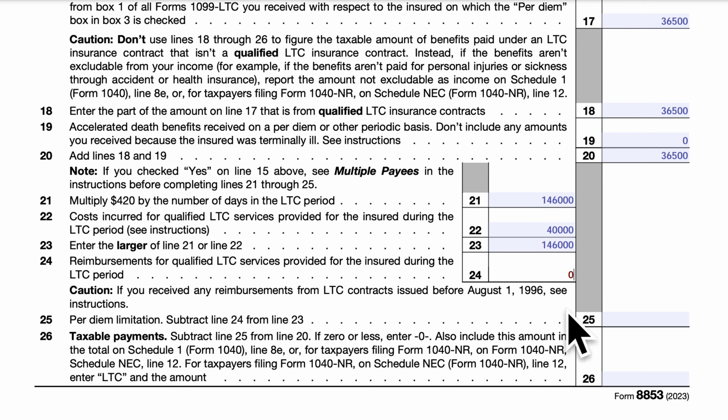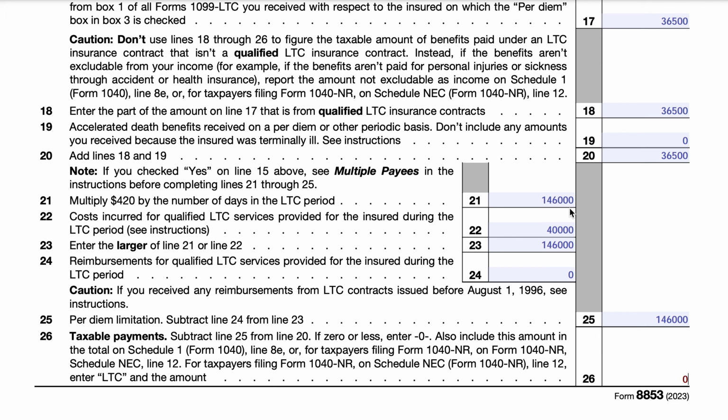So the per diem limitation is you subtract this from line 23, and then you subtract this amount from line 20. That basically means that there's 0 income. And if you walk through this, that helps you understand, hey, I pulled $36,500 out. This is the limitation based on what the IRS says I can exclude on a number of days for a per diem basis.